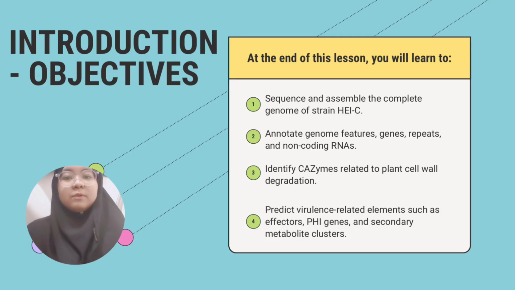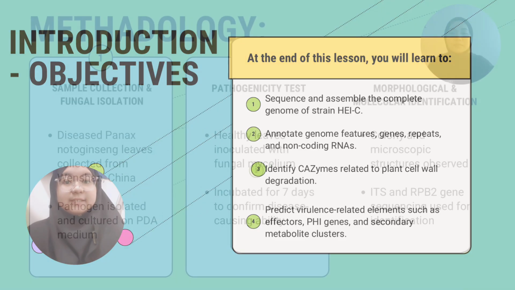Finally, the study aimed to predict virulence-related elements such as effectors, PHI genes, and secondary metabolite clusters, since these features are closely linked to pathogenicity and host interaction. Overall, these objectives helped to build the genomic foundation for understanding how B. exigua causes leaf spot disease and how it may be managed more effectively in the future.